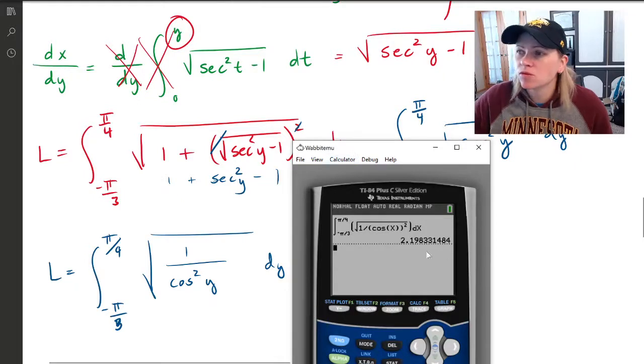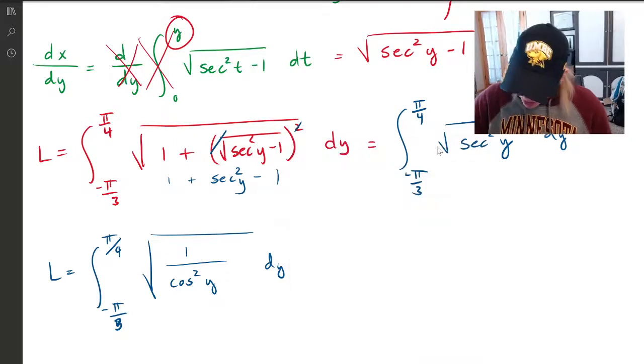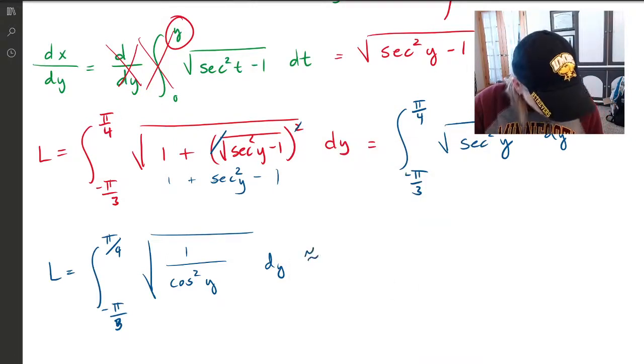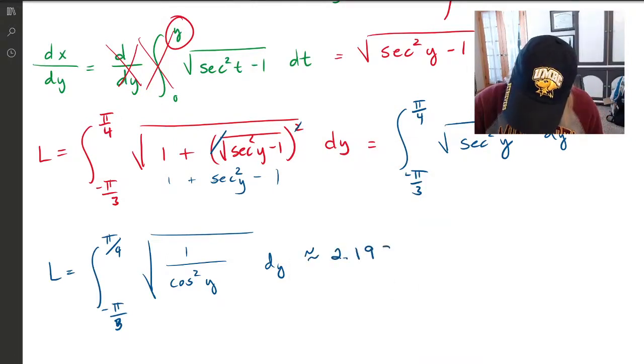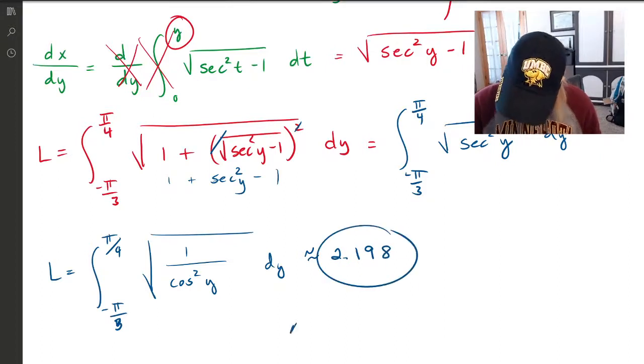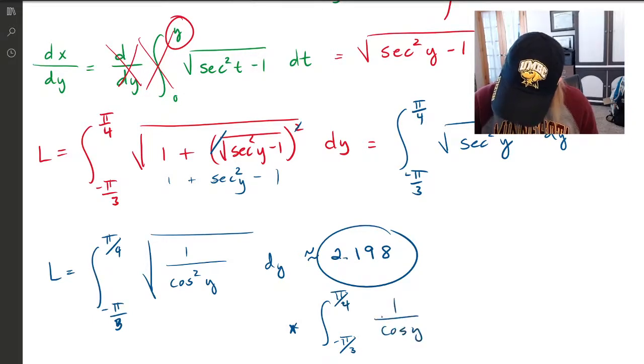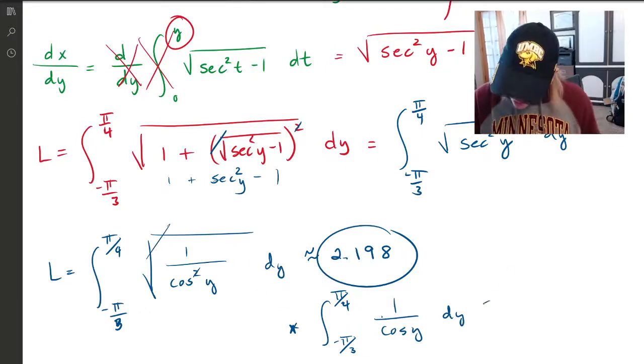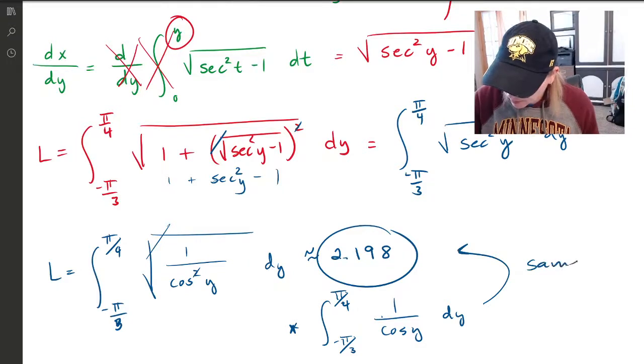If you do the square root, you do get the same decimal value, 2.19833. So this is what I would write down, 2.198. And as a side note, you could also do this integral of 1 over cosine, do the square root and cancel those, and it would be fine. So it's the same.